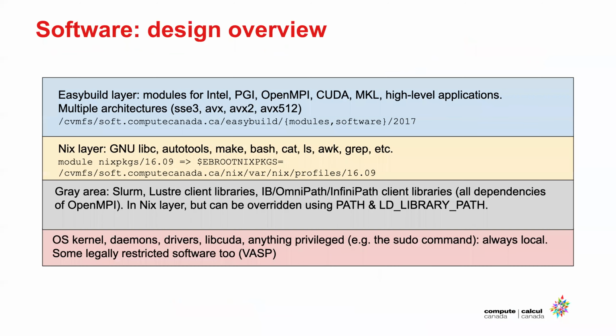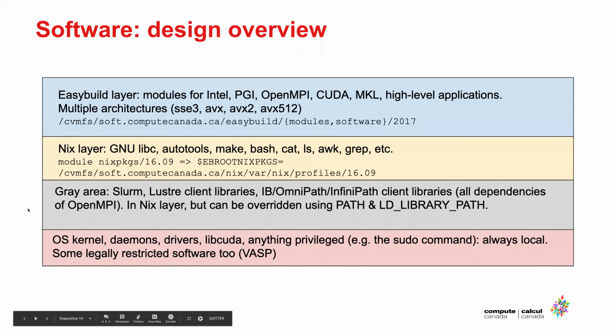So the software design overview: we separated the types of software in a couple of layers. First, there's the OS layer that's not managed by my team. It's the OS kernel, the daemons, anything that is privileged, the drivers. Those are always local.